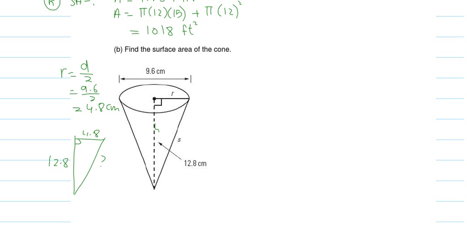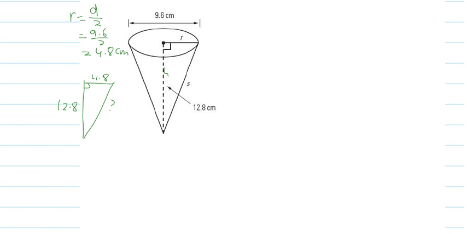So c squared equals 12.8 squared plus 4.8 squared. Altogether, this gives you 186.88, sorry. Then to find c, you square root both sides, which gives you 13.67 centimeters.